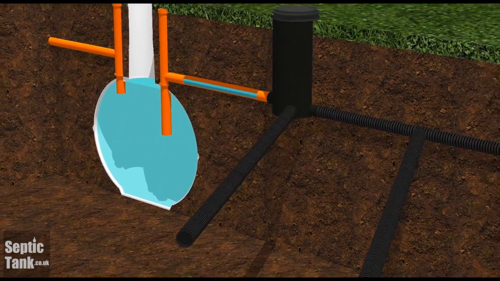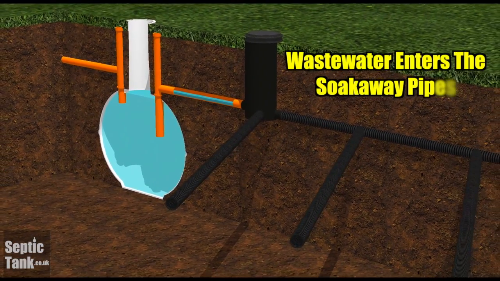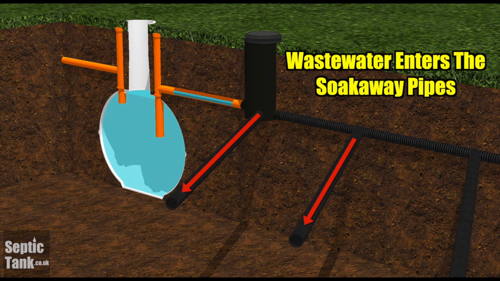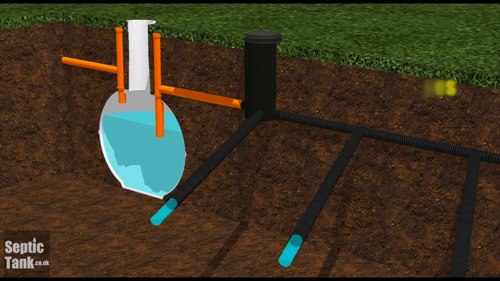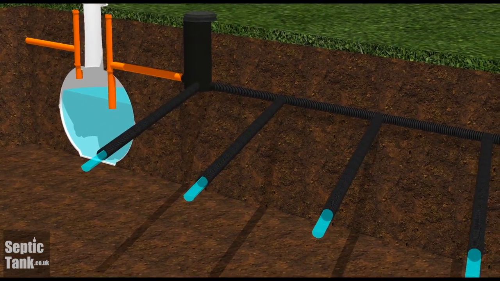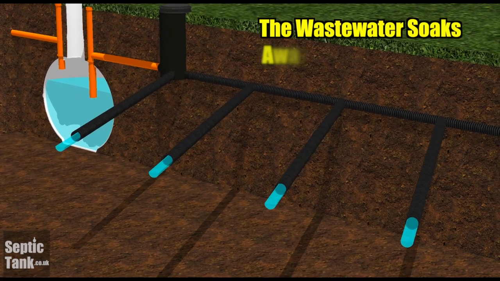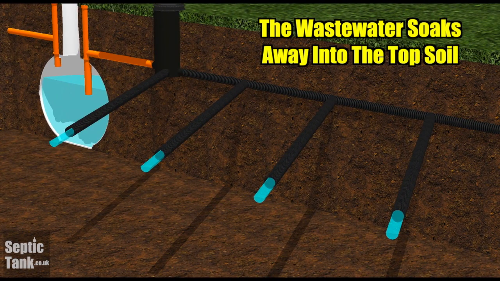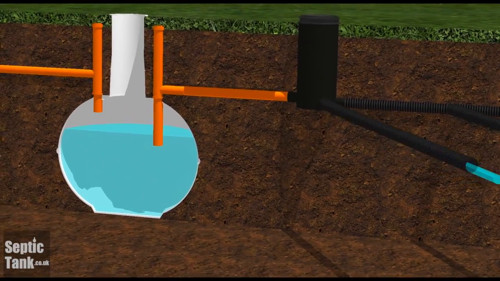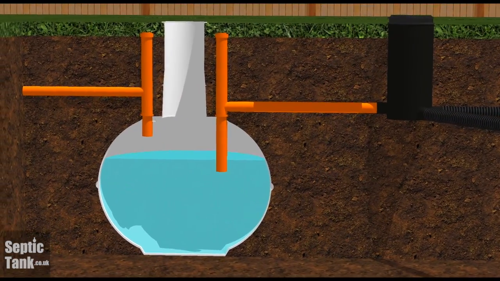And once it reaches the soakaway, the wastewater then enters the soakaway pipes. Once the wastewater enters the soakaway pipes, it then soaks or drains away naturally into the topsoil. That's the basic function of how a septic tank and soakaway work.